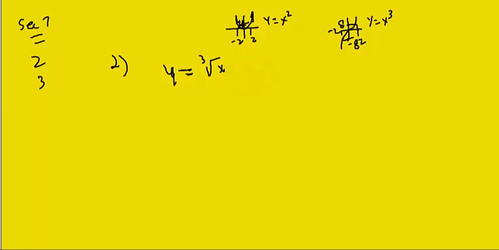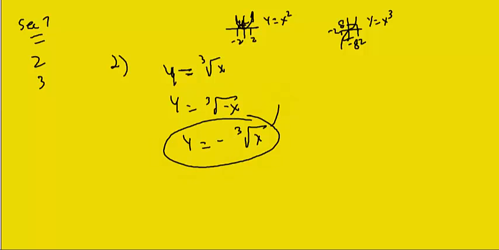And it could be neither because it's not the same or exact opposite. So y is equal to third root of negative x. Just change all the x's to negative. You can pull out a negative, so y is equal to negative cube root of x. Is this the same as that, or is that the opposite of that? Opposite. That means this is odd.